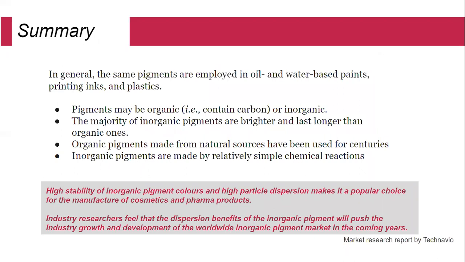So in summary, in general, the same pigments are employed in oil and water-based paints, printing inks, and plastic. In conclusion, pigments may be organic or inorganic. The majority of inorganic pigments are brighter and last longer than the organic ones. Organic pigments are made from natural resources which have been used for centuries. Inorganic pigments are made by relatively simple chemical reactions.